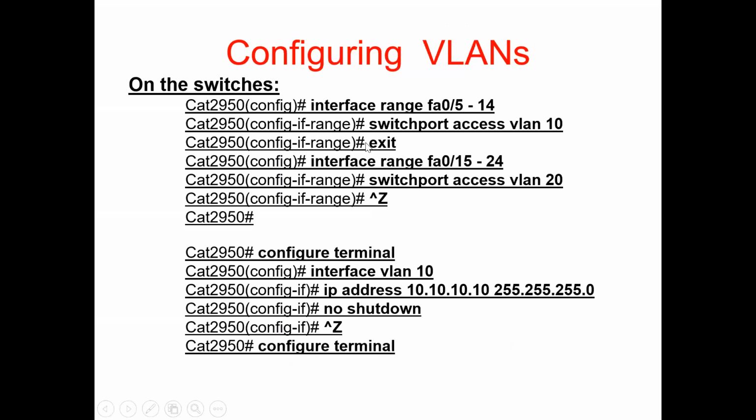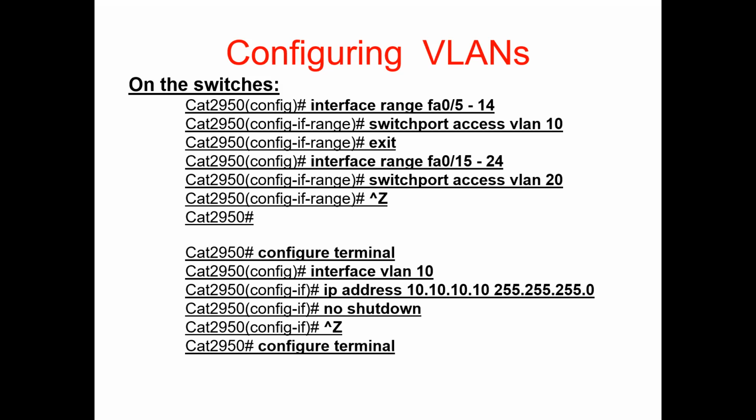So let's see how we do the configuring, so that the switch can then enable us to create virtual LANs. So we decide, for example, on one switch, we're going to give it a number of ports that belong to one VLAN. That is the edge ports, and then the other ports belong to the other VLAN.